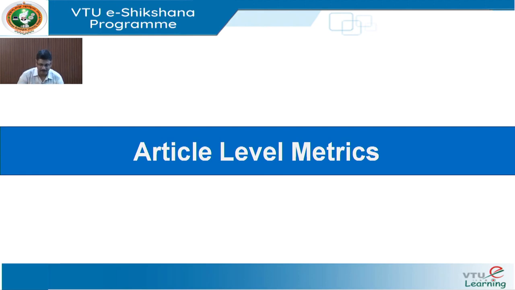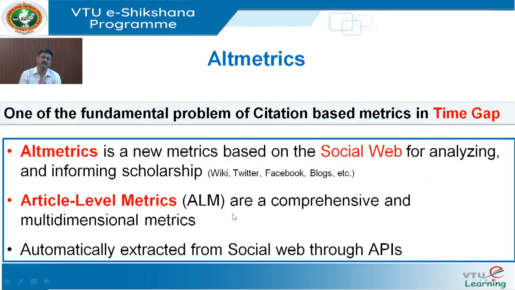Now, there is a new concept to measure article level metrics. It is called altmetrics. One of the fundamental problems with citation based metrics is the time gap. For example, to calculate impact factor or CiteScore, I have to wait for 3 years to know the quality of that journal, right. Whereas I want to know the metrics for my article immediately, from the day it is accepted. So what are the different types of metrics?